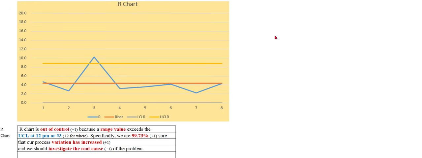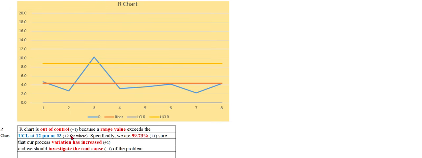Moving on to the R chart. On the R chart, if you have a situation like this, you have a point out of control at the third measurement. And we'll say that the measurements occurred at 8, 10, and 12, so that would be the 12 p.m. measurement. So you would say this: the R chart is out of control, +1, because a range value, that value, exceeds the upper control limit at 12 p.m., or number 3.